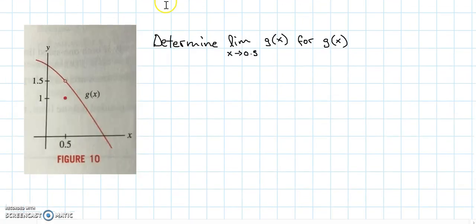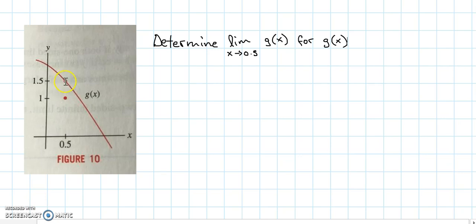A similar example asks us to determine the limit as x approaches 0.5 of g of x. On this graph, we can see that this graph is not continuous. In fact, there is a jump discontinuity.